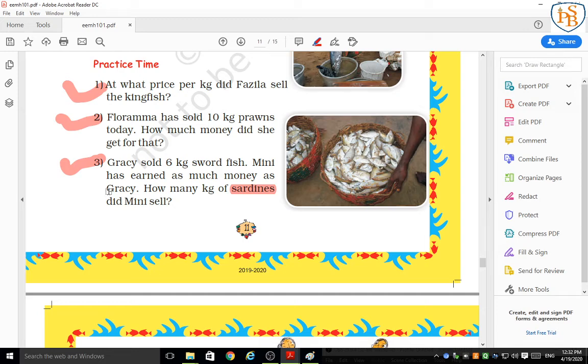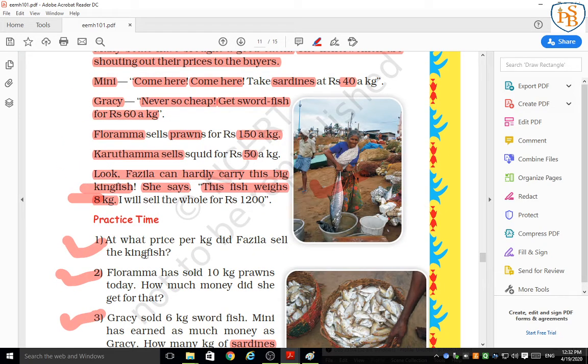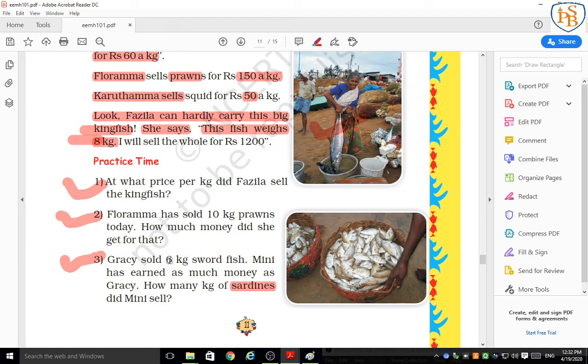So first we have to find out the cost of swordfish. For swordfish, the price for 1 kg is 60 rupees. So here we have to find out the price for 6 kg.